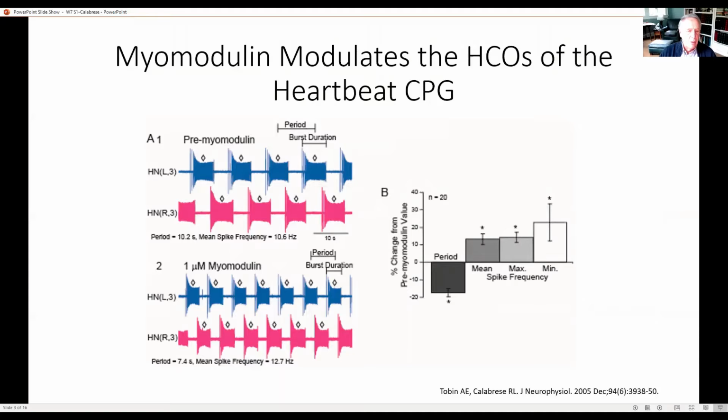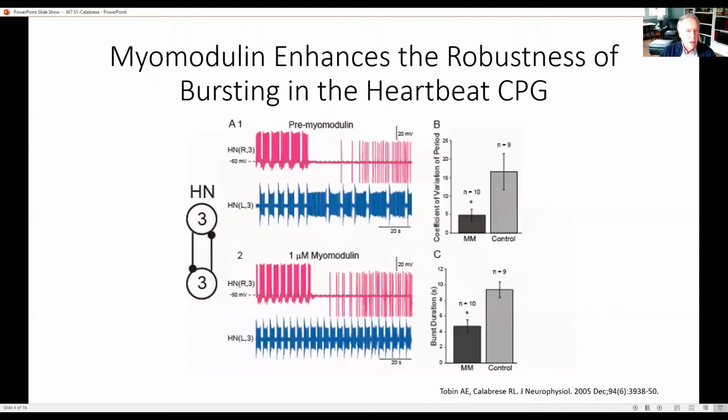Her goal was to figure out which currents were modified by myomodulin to cause this change in period and spike frequency. She also noticed in experiments like this that myomodulin enhances the inherent burstiness of the heart interneurons. At the top you'll see a half-center, 1 member recorded intracellularly, 1 extracellularly.